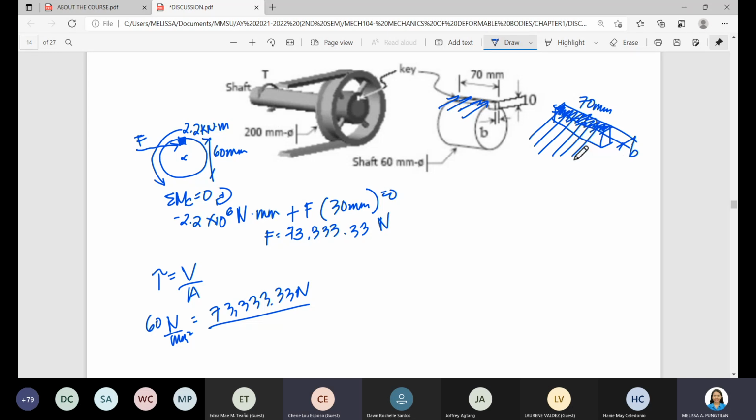Always remember that for shearing stress, the area needed is parallel to the force. So we have 70 multiplied by B. Therefore, B is equal to 17.46 millimeter. So, this is our final answer.